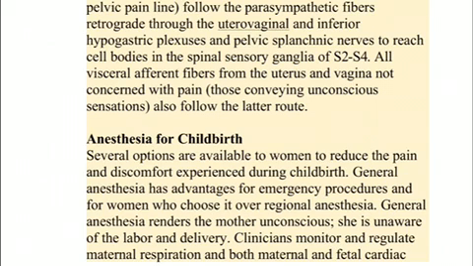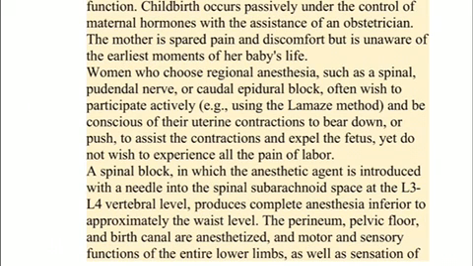Here, an anesthetic agent is introduced with a needle into the spinal subarachnoid space at the level of L3 to L4 vertebral level. And you have anesthesia inferior to the waist level. So from the waist level down, the woman feels anesthesia. The perineum, pelvic floor, and birth canal are anesthetized.